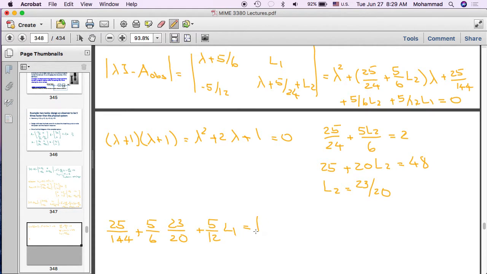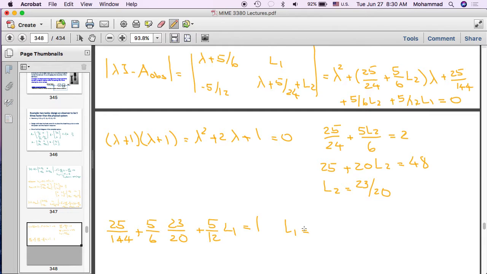That is equal to 1, by comparing the coefficient of this desired equation with the actual equation that we got. So you can calculate L1, whatever that number is. So L1 will give you another number. And the bottom line is, with these two numbers, you have an observer.